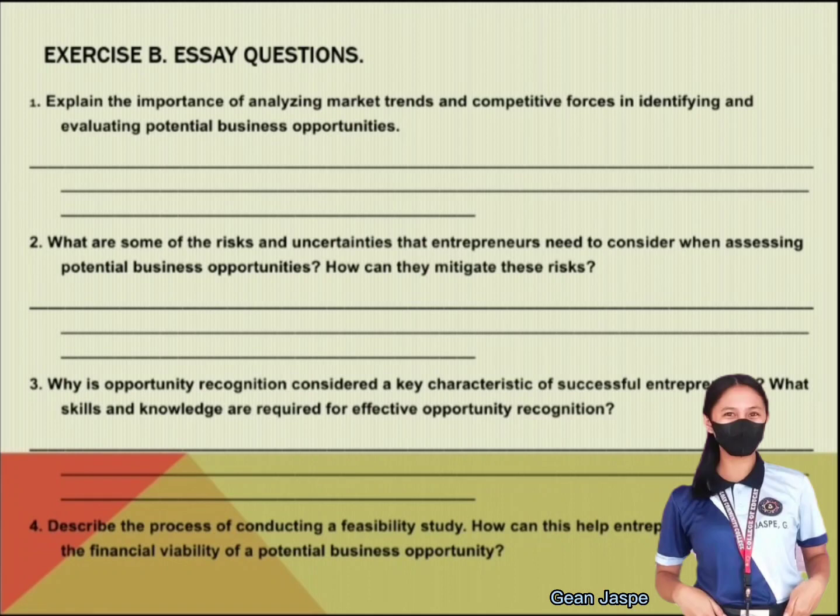The second question is, what are some of the risks and uncertainties that entrepreneurs need to consider when assessing potential business opportunities? How can they mitigate this risk? So as I have said earlier, starting a business is not really easy. There are risks and uncertainty that have to be assessed.